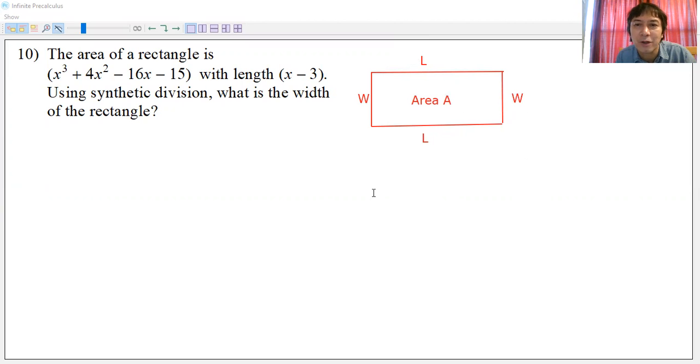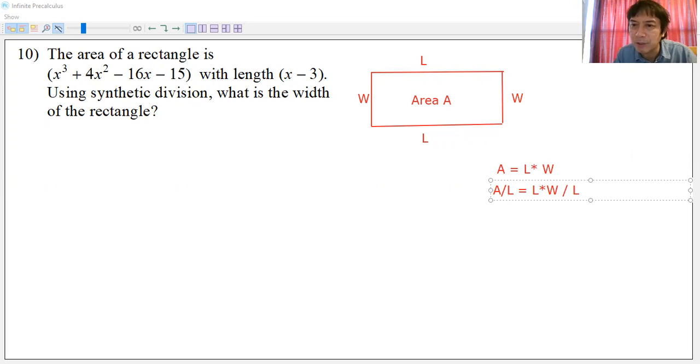So what's our formula? Area A is equal to the product of length times the width. What is the width? We divide both sides by the length. So we have area divided by length is equal to the product of length and the width divided by the length.